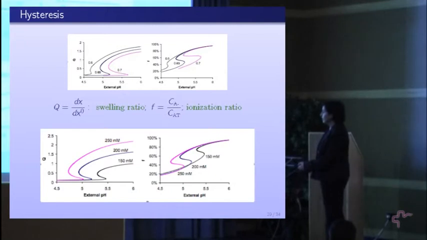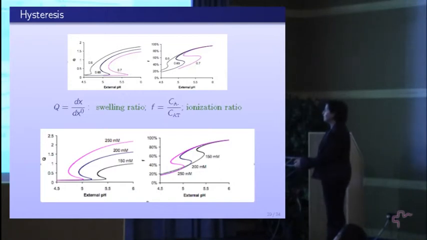So now you can see that on the way up, increasing the pH, we have the transition right here to this branch, but when we come down, the transition is right here. Q is the swelling ratio, so Q small is collapsed.